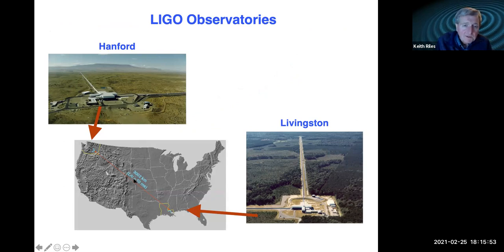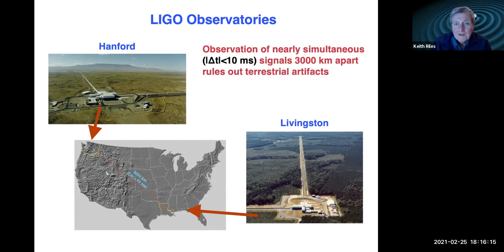These two observatories are about 3,000 kilometers apart, which means that they are 10 milliseconds away in light travel time and in gravitational wave travel time, as we would naively expect from Einstein's general relativity. And we later were able to confirm that, in fact, that is the right speed for gravitational waves. It is the speed of light.